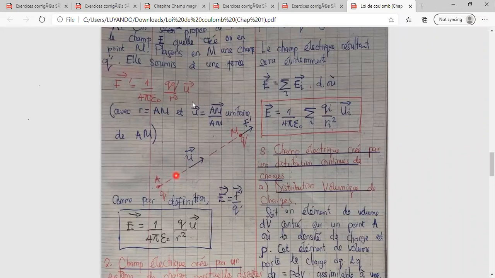That's how we came up with the U vector.